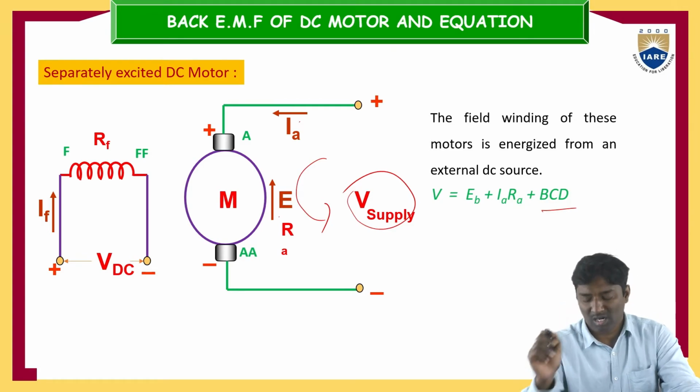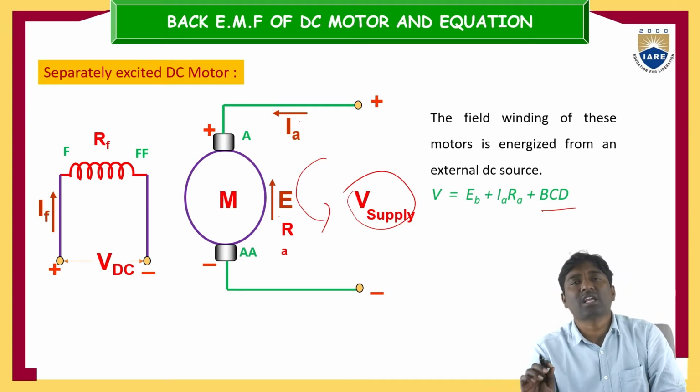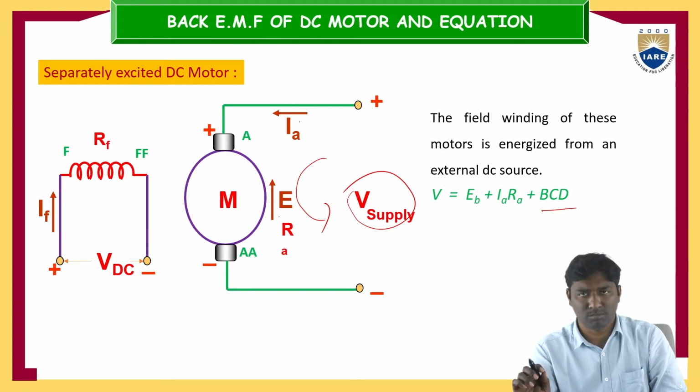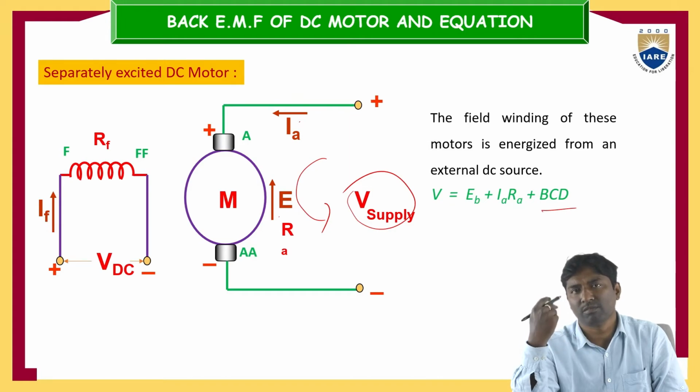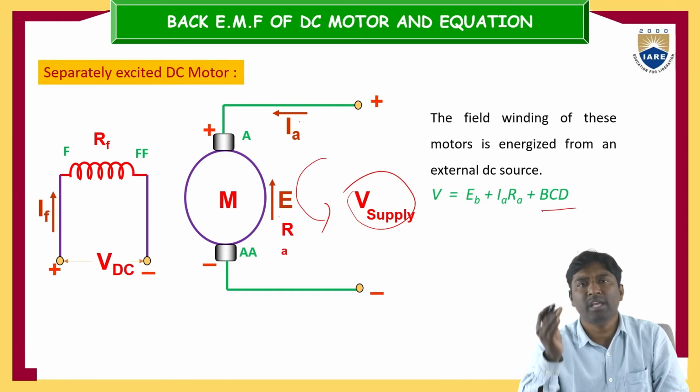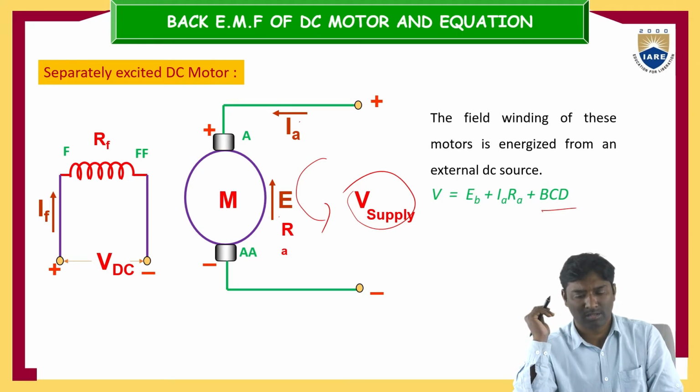Now we'll discuss the torque equation of the DC motor. Because due to that back EMF, torque will be produced. Which torques will we be getting in case of the DC motor, that we'll discuss.